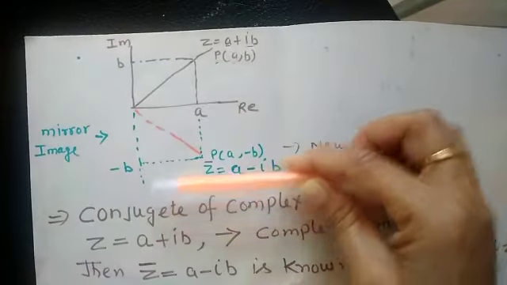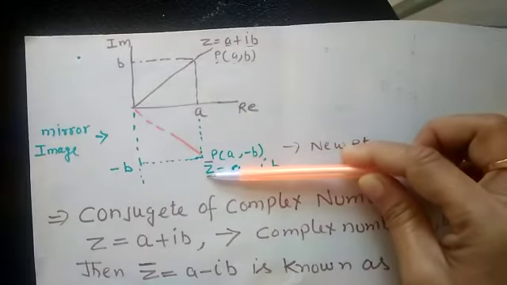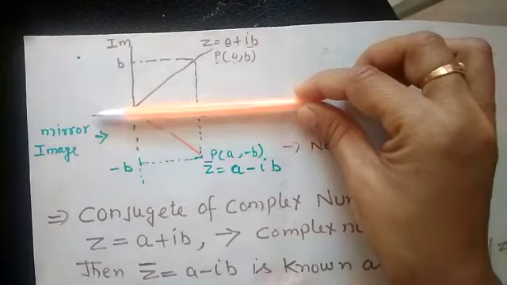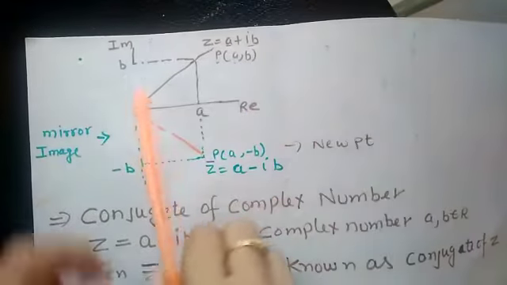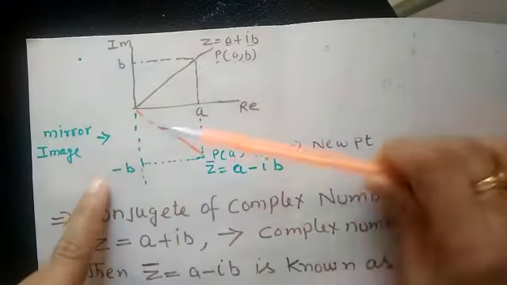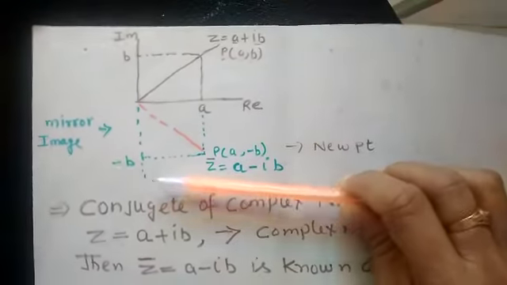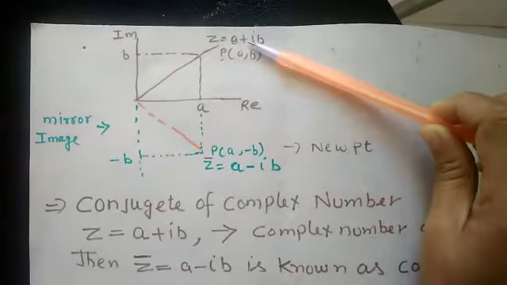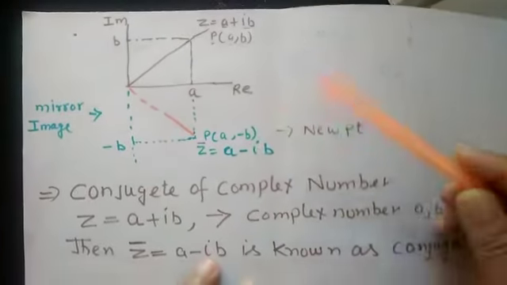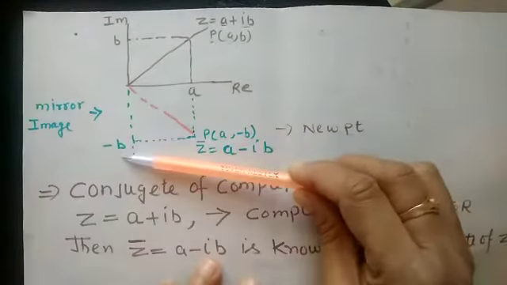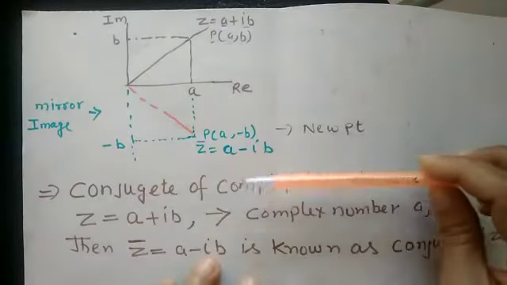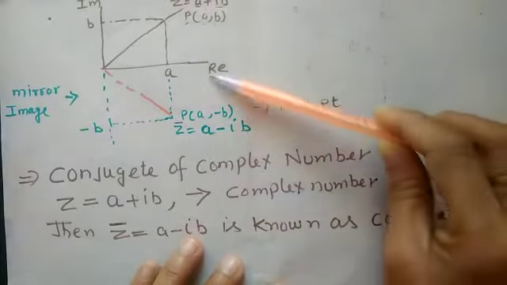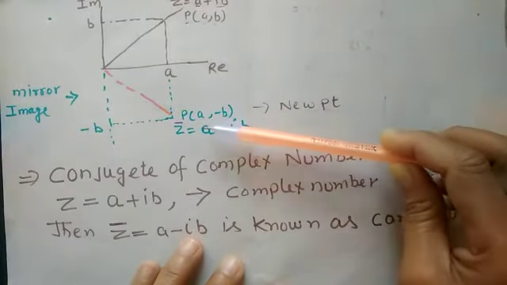So in the negative direction, I can have a mirror image, and the mirror image of this real line will be the same, but the mirror image of this imaginary line will be changed. It will become on the negative side. So I will get minus b, and the complex number will be changed. Why? Because I'm getting the minus b here. So I will get a minus iota b. It will be the new point on the negative axis of the y.